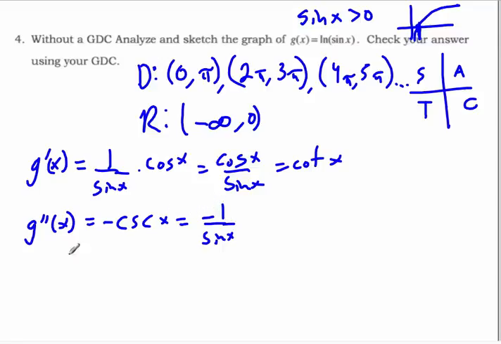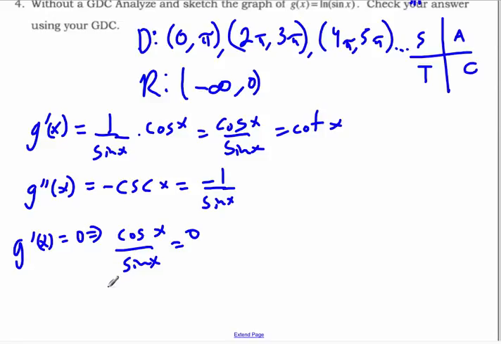Alright, so let's see what happens when the first derivative is equal to 0. Then we have cosine x over sine x equal to 0, and that's only 0 if the numerator is equal to 0. So we have x equals pi over 2, because, remember, it's only defined here, not down here where sine is negative.